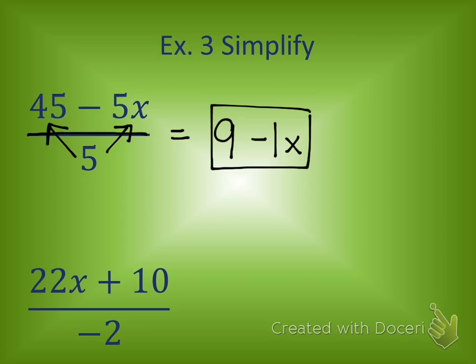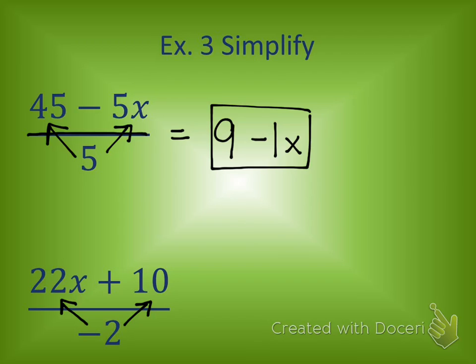Okay? Jason, in this next problem, can I add like terms on the numerator? Nope, because they're not like terms. Very good. Okay? So, what am I going to do then? Betty? Exactly. I divide by negative 2 on both terms.